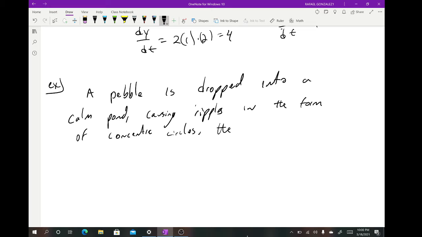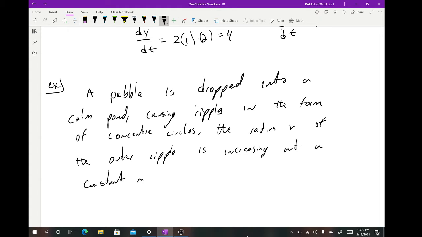Now, the radius r of the outer ripple is increasing at a constant rate of change of 1 foot per second.